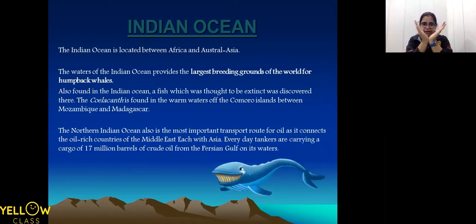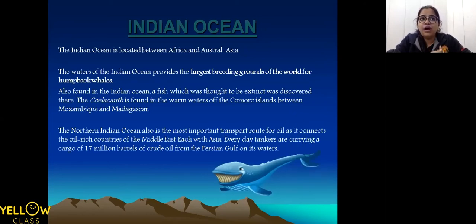Right here we have Kanyakumari, then Sri Lanka down here, and the whole water body below that is the Indian Ocean. One crazy fact about the Indian Ocean is that it is the largest breeding ground for humpback whales in the world.